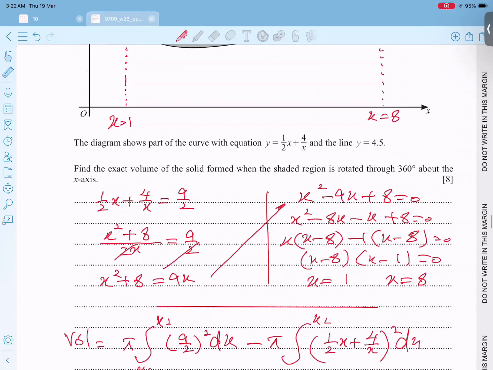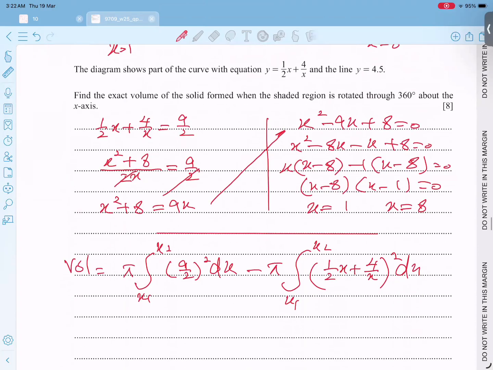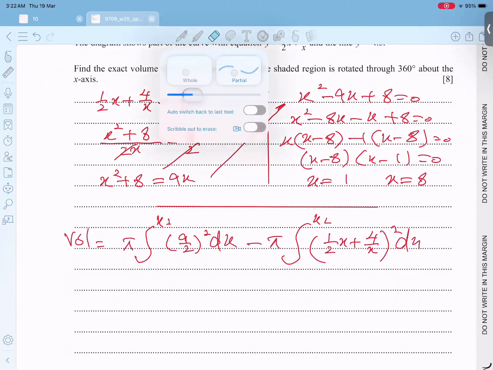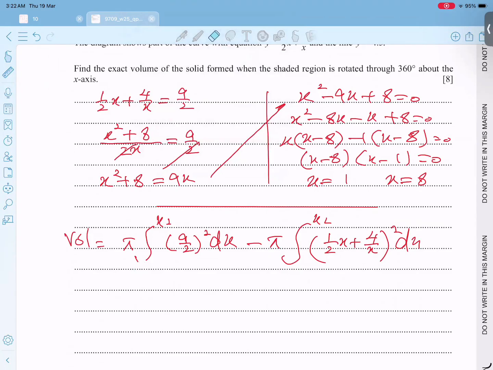Okay, now limits. Limits are very clear. We have 1 and 8. So I'm replacing x1 with 1, and x2 I will replace as well. The upper limits are naturally 8. So I got 1 and 8, 1 and 8.